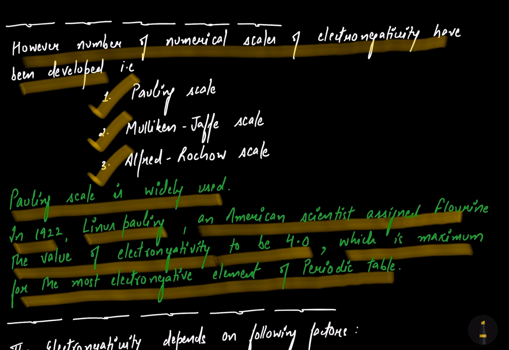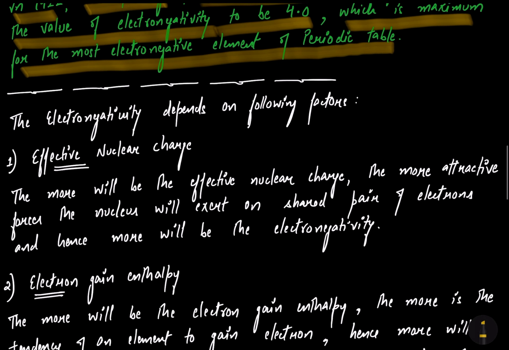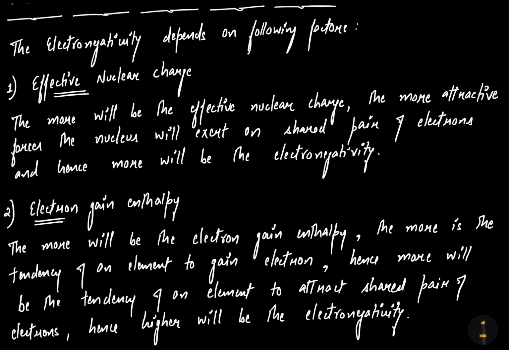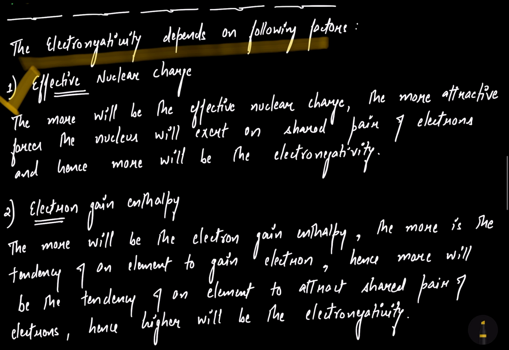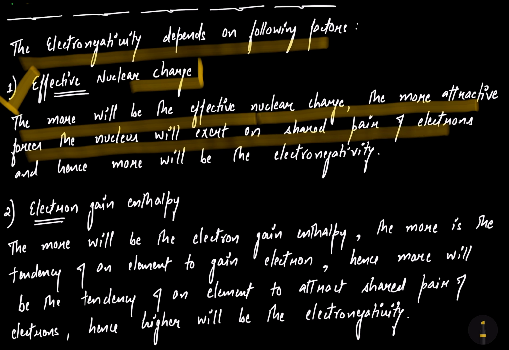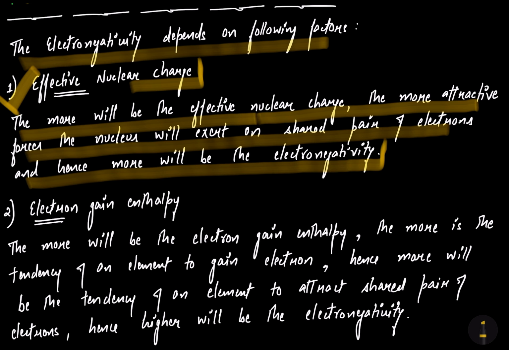Now let's talk about the factors on which electronegativity depends. The very first is the effective nuclear charge. The more the effective nuclear charge, the more attractive force the nucleus will exert on the shared pair of electrons, and hence the more the electronegativity.